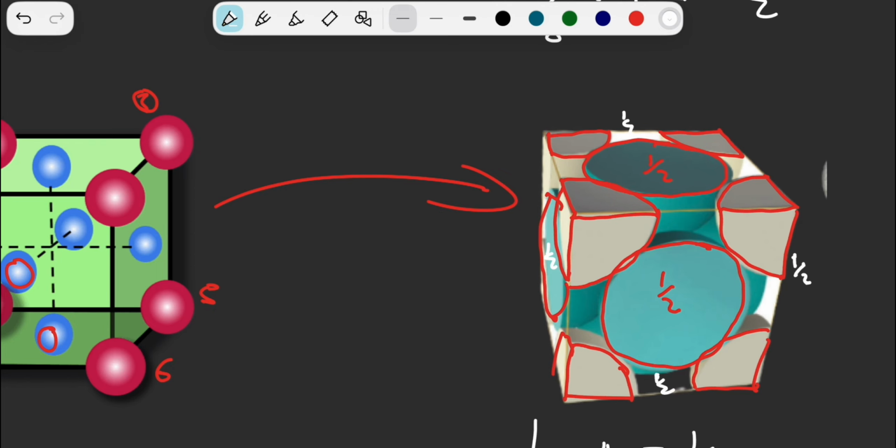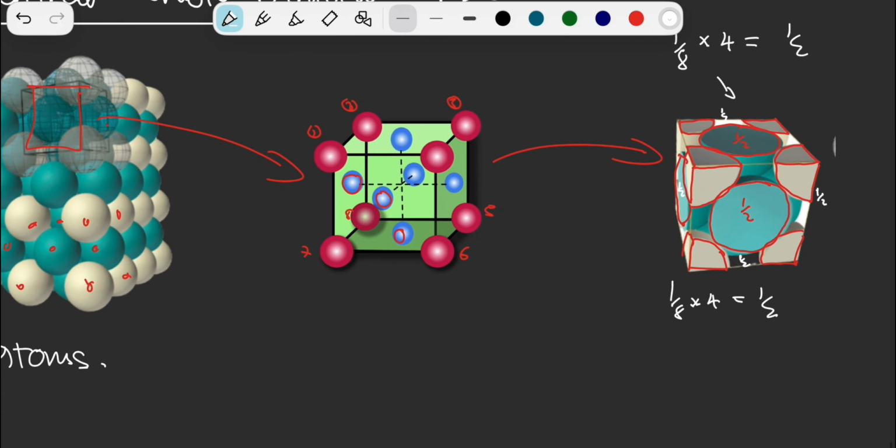So it's 1 atom in this way, another atom in this way, another atom in this way. So it's 1, 2, 3 full atoms, right? So 6 halves, which is basically equal to 3 atoms.